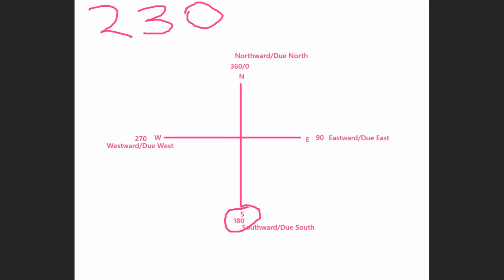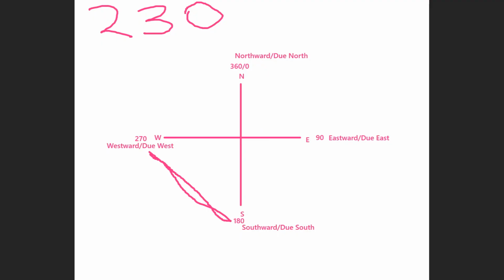Going to pass it by, but it is never going to pass 270. So if this is 180, you can even pinpoint the midpoint between 270 and 180.